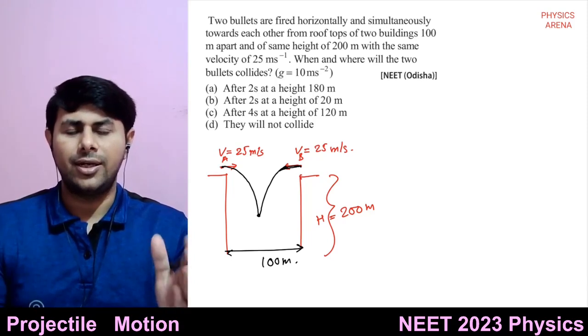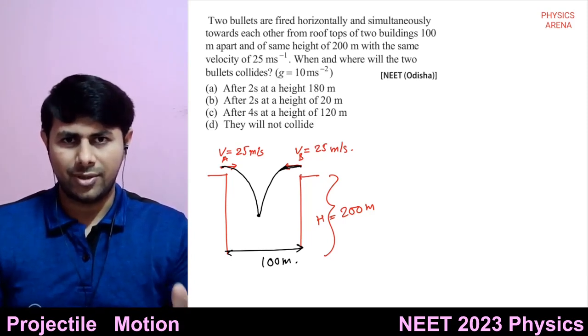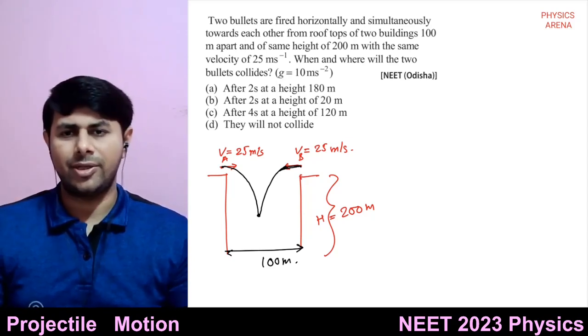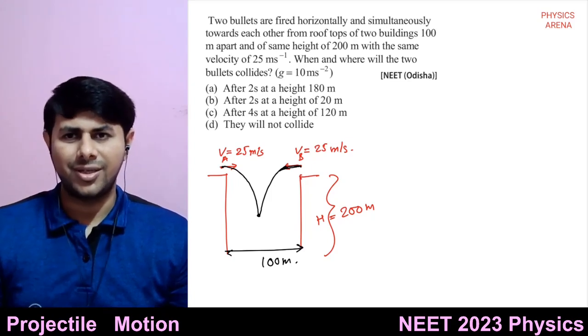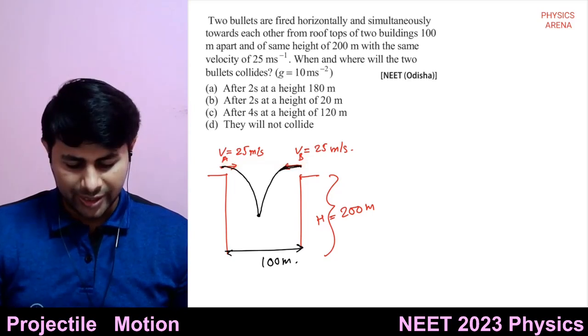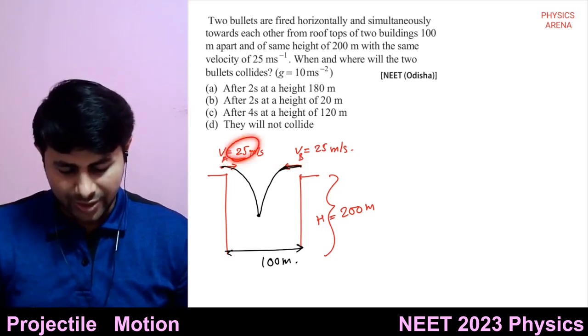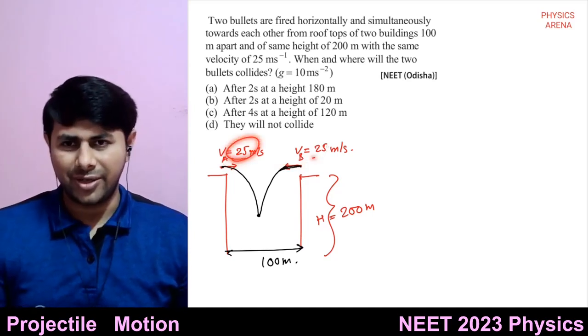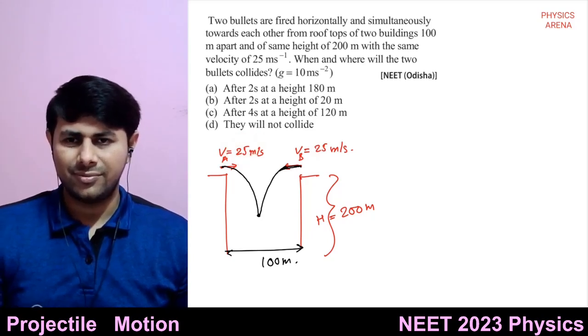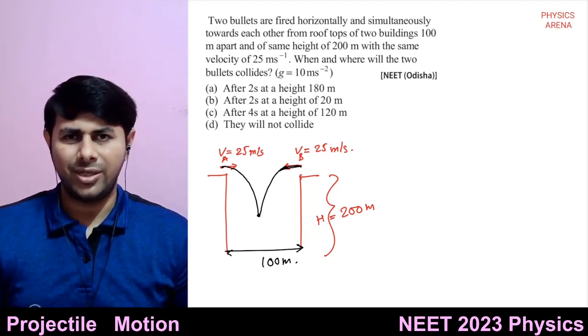So if you think in terms of the first bullet, the relative distance covered by bullet A with respect to B will be 100 meters. What will be the relative velocity? It is 25 plus 25, 50, since both are coming towards each other.